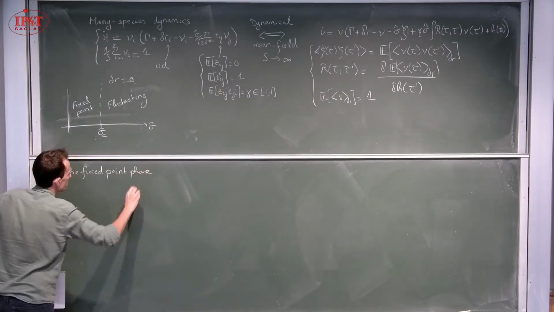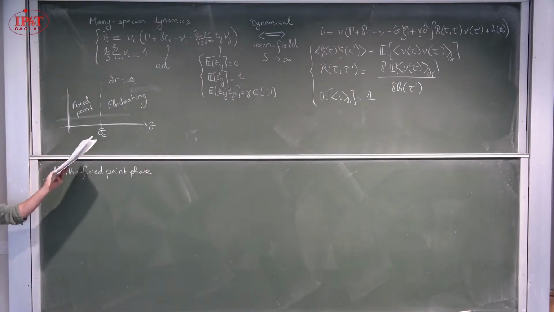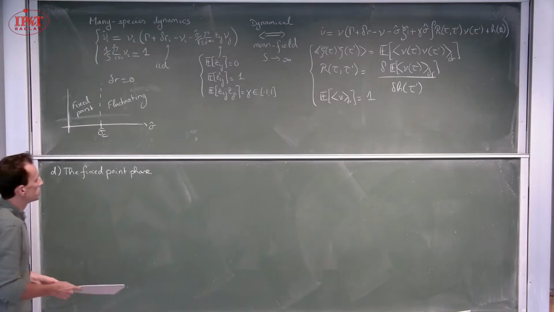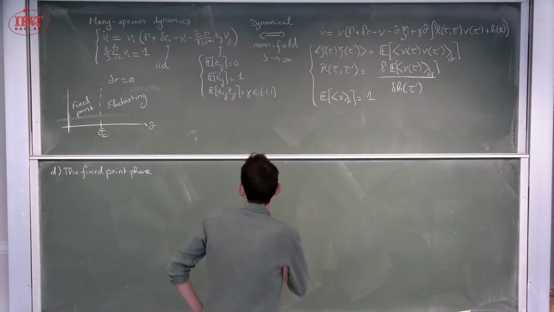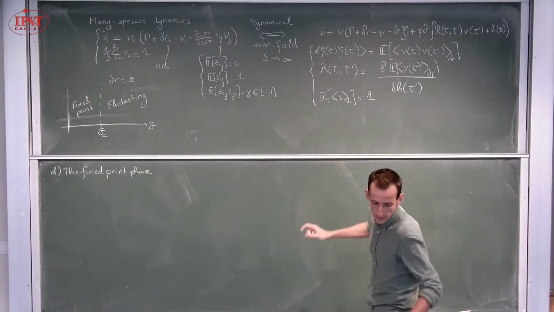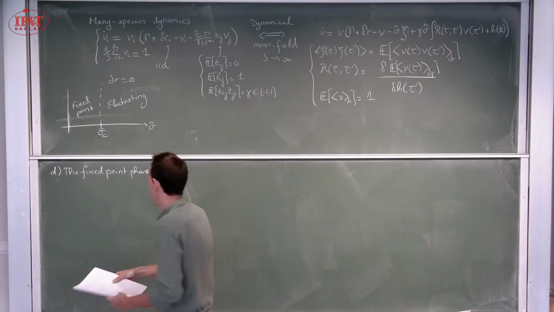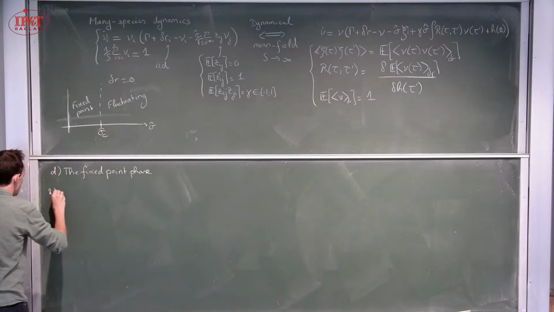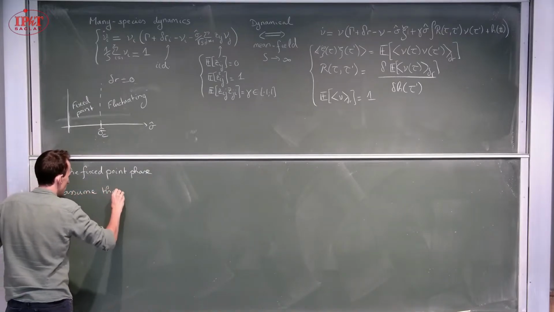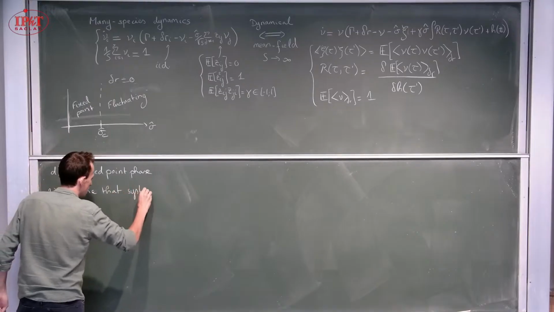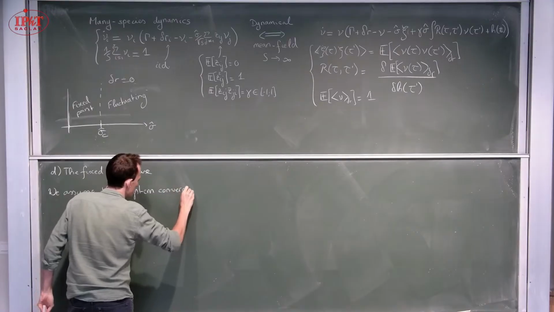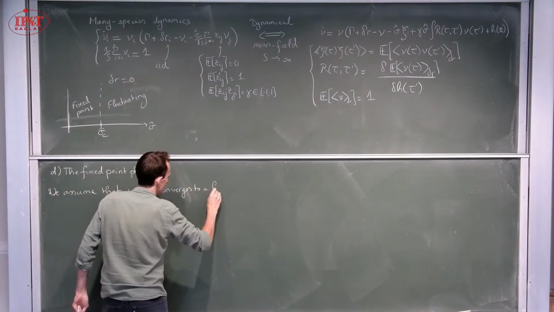So what happens in a regime of, say, weak interactions, weak disorder in the interactions? So this phase can be studied using dynamical mean field theory. We assume that the system converges to a fixed point.